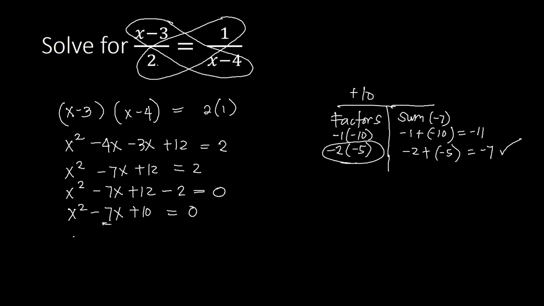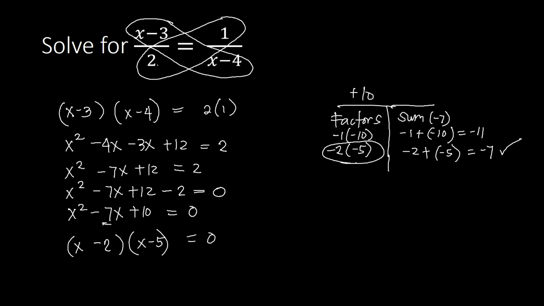So factoring it out, we have two factors. The first term in each factor comes from the square root of the first term, which is x. Then we attach the factors that we found: x minus 2 and x minus 5.